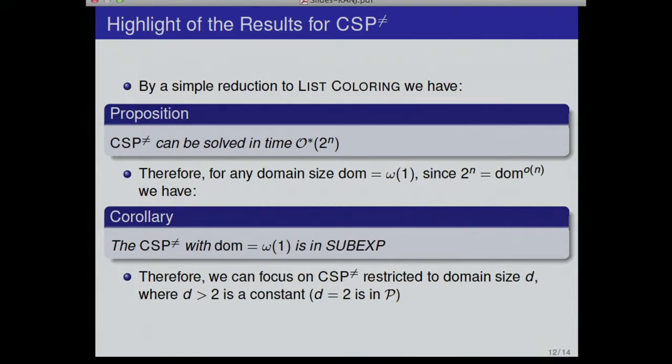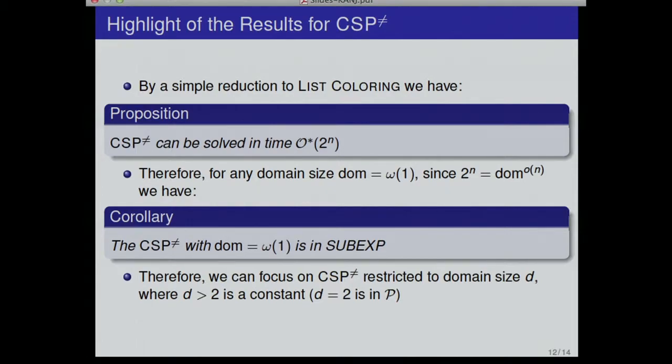So for any domain size that's not a constant, the problem is solvable in sub-exponential time. So now you could focus on constant size domains. If the domain is 2, then the problem is known to be in P, so you can look at domains greater than 2.